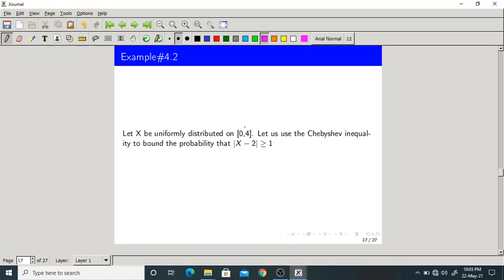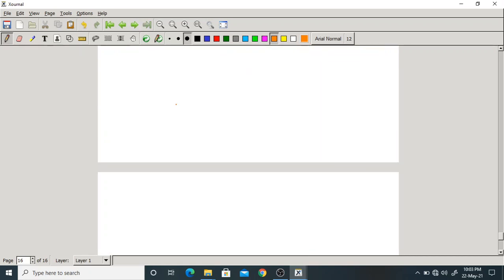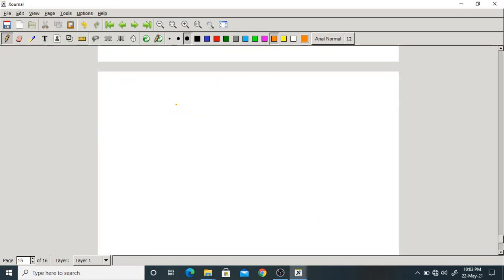So let us take this example. They are asking what is the probability that mod of x minus 2 is greater than or equal to 1. Still here also they have mentioned the same random variable, x is uniformly distributed in the range of 0 to 4.